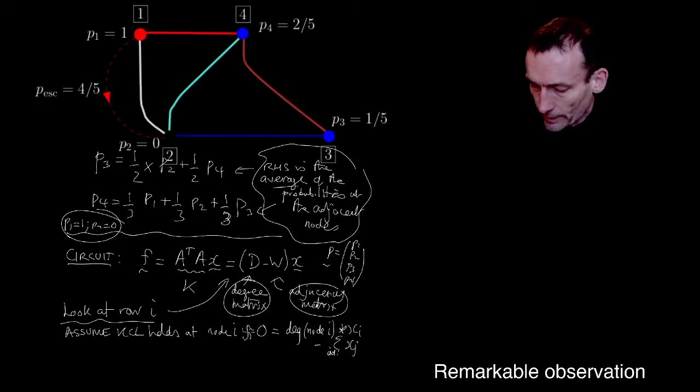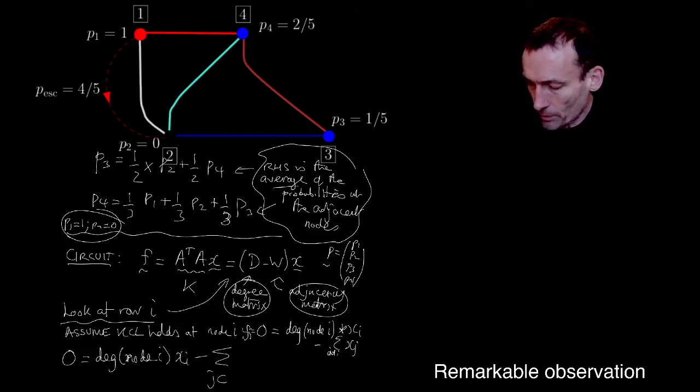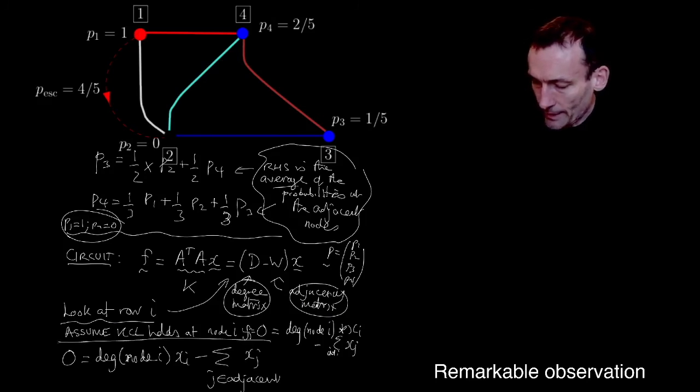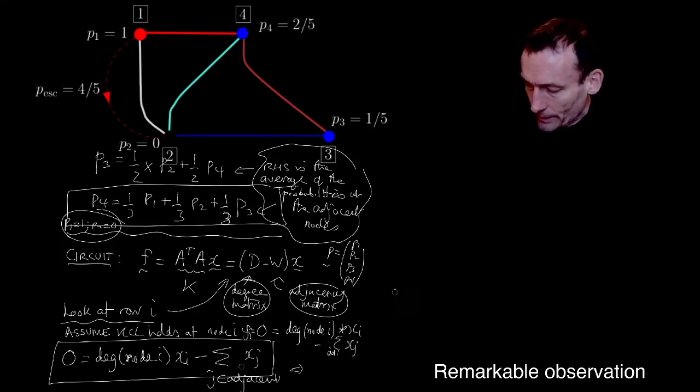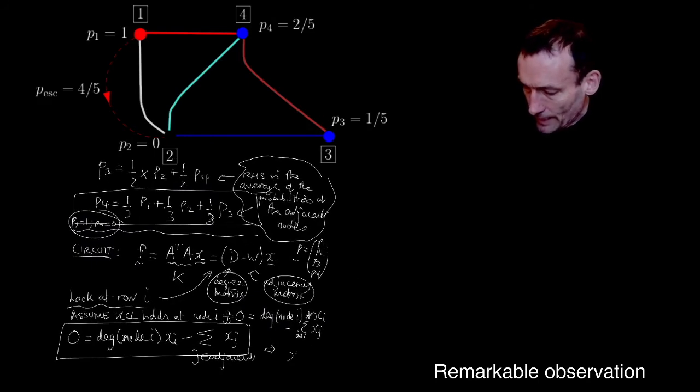Okay, so what I've just shown you then is that 0 is equal to the degree of node i times xi minus the sum of j belonging to adjacent nodes of the potentials there. But isn't that exactly the same statement as that? Because I can just rearrange this, can't I? To say that xi is 1 over the degree of node i times the sum over j adjacent of the xj's.